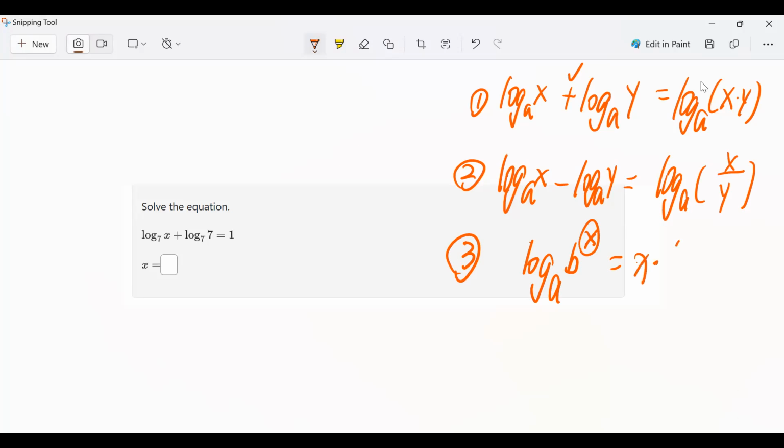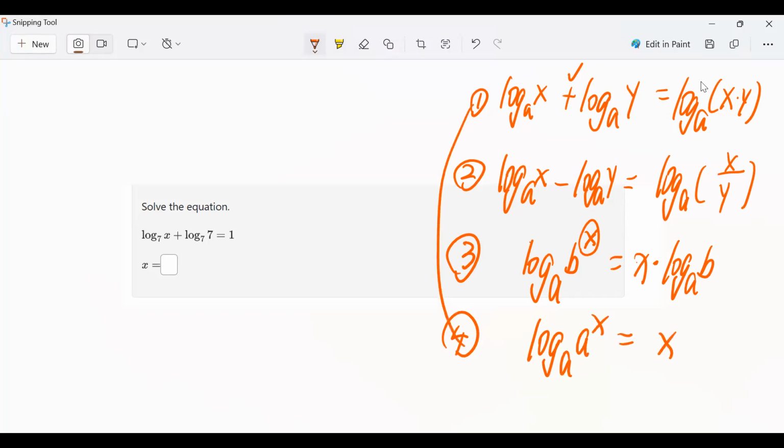So it's x times log_a b. And also one property we already used, let's say it's log_a of a to the x. Now we know this is going to be just x because these cancel each other. And those four are the important properties we're going to use to tackle a lot of logarithm equations or some type of special operations.